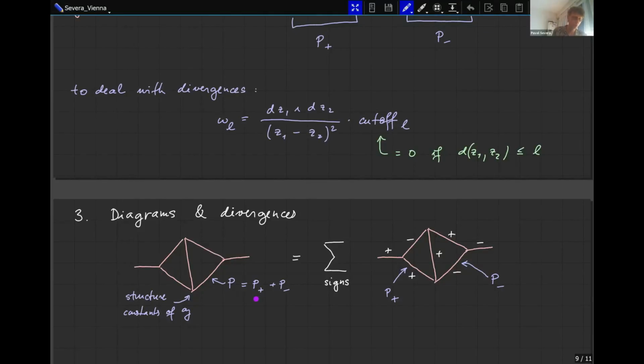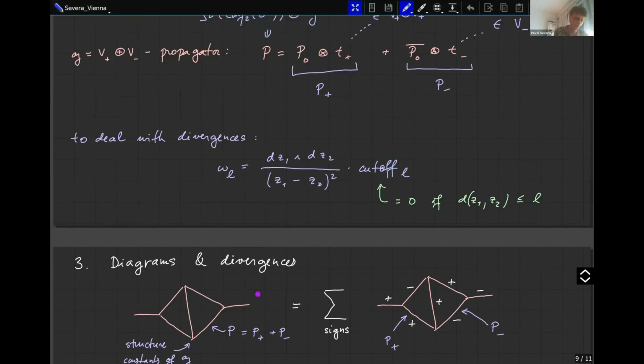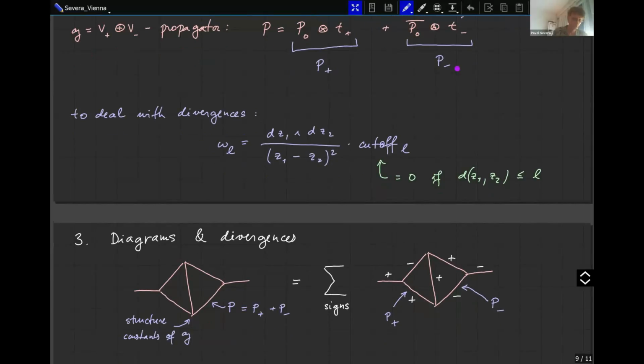Since our propagator is really a sum of two parts, P0 tensor the inner product on V plus, and P0 bar times the inner product on V minus, it is quite convenient to write it as a sum. So each such diagram has a sum over all possible signed diagrams, where we put either P plus or P minus on those edges.